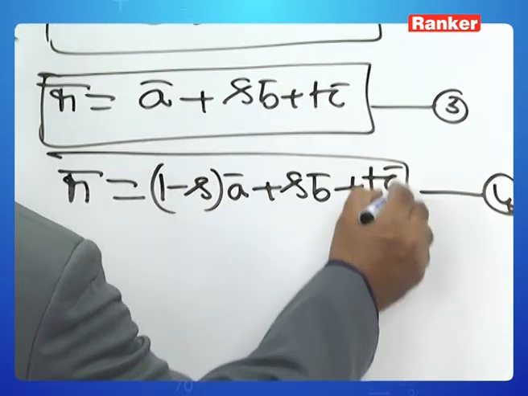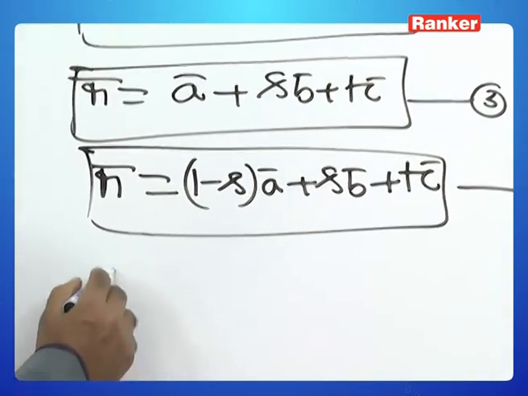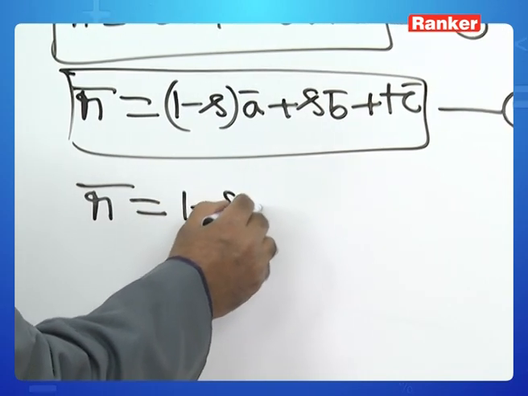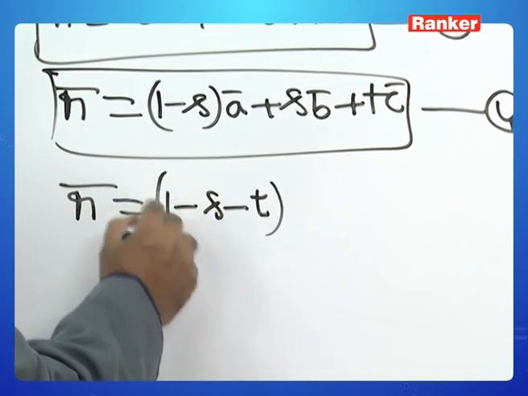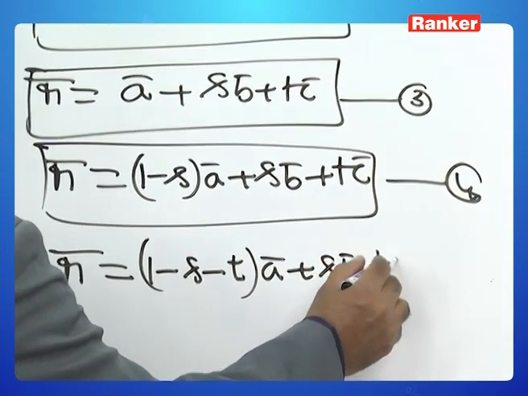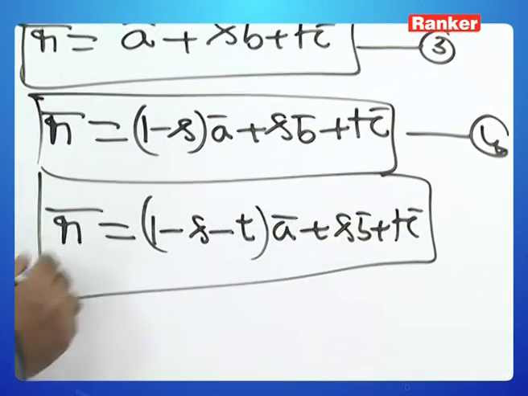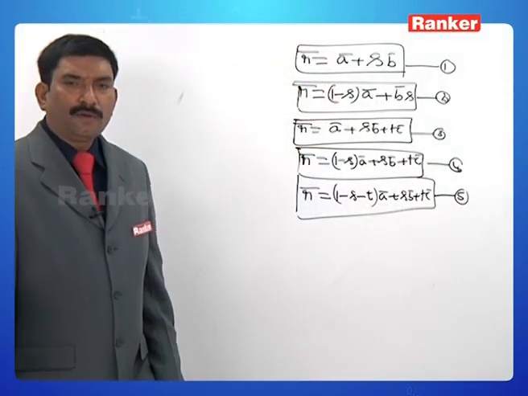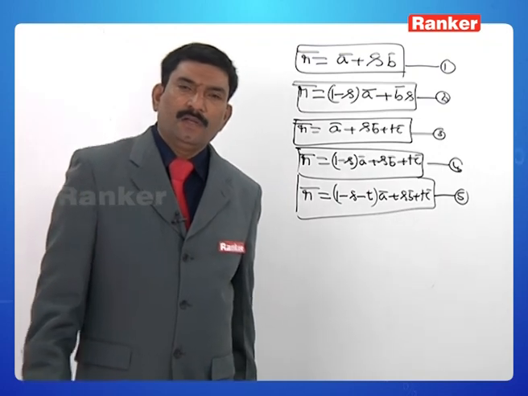Next comes the vector equation of a plane passing through three non-collinear points A bar, B bar, C bar. You call it phi. Let us see.